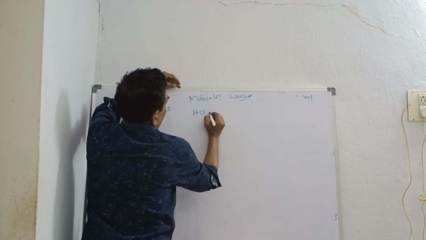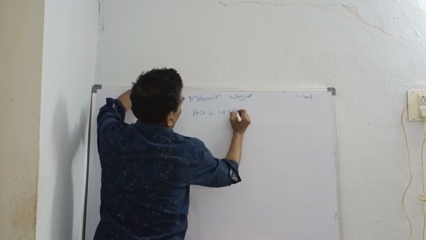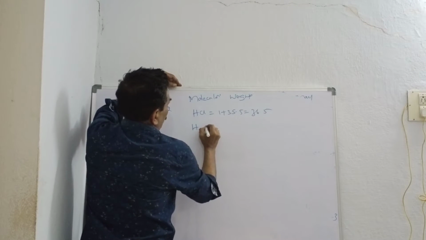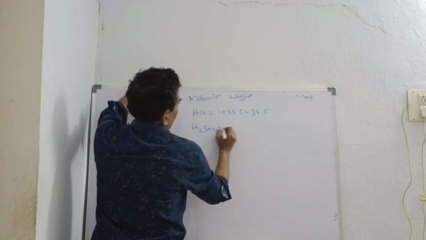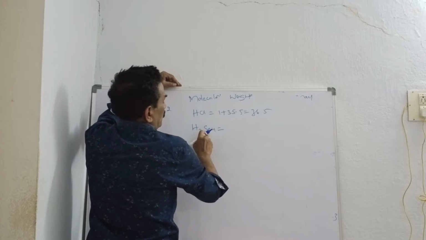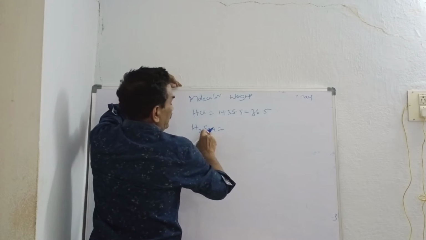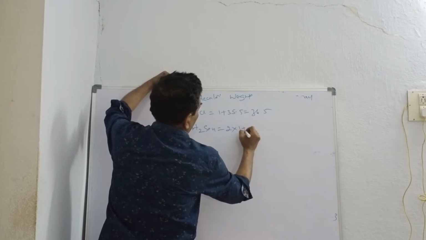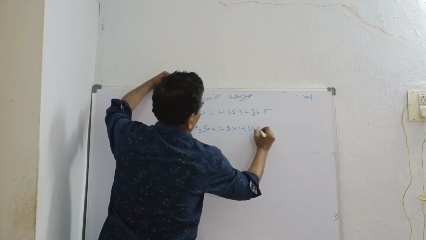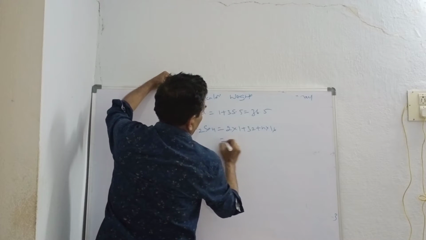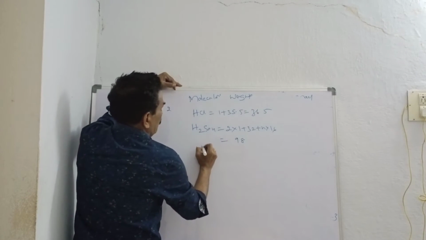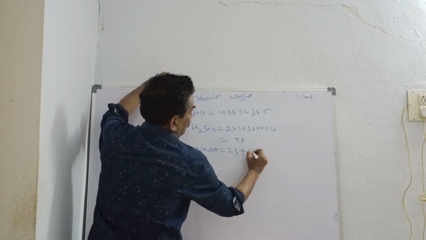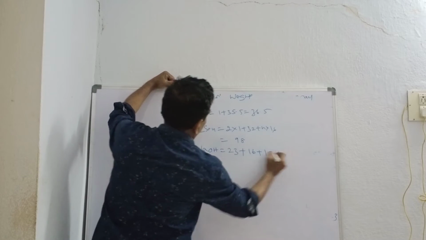Molecular weights. HCl: 1 plus 35.5, that is equal to 36.5. H2SO4: hydrogen 1 into 2, 2, sulfur 32, 16 into 4, 64. So this is 2 into 1, plus sulfur 32, plus 4 into 16, that is nothing but 98. NaOH: sodium atomic weight 23, oxygen 16, hydrogen 1, that is nothing but 40.